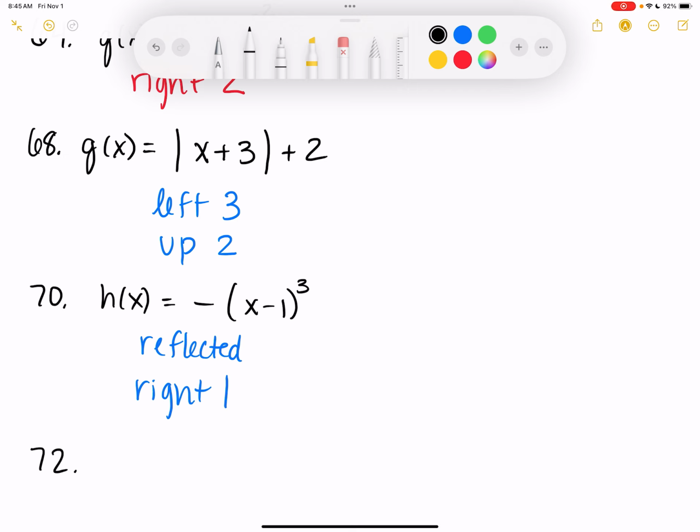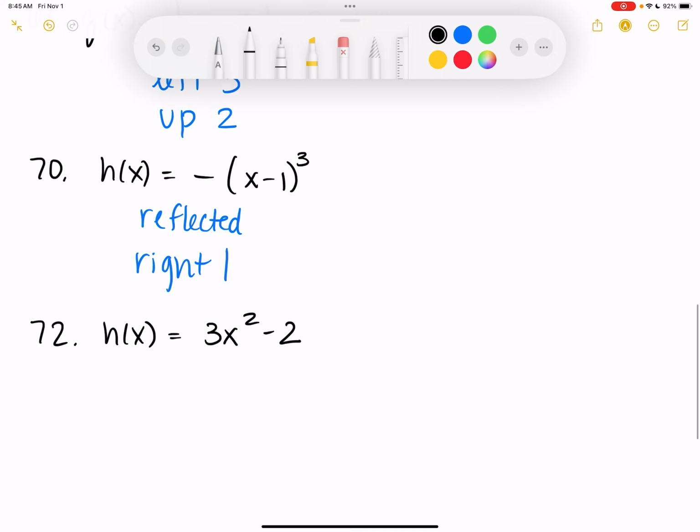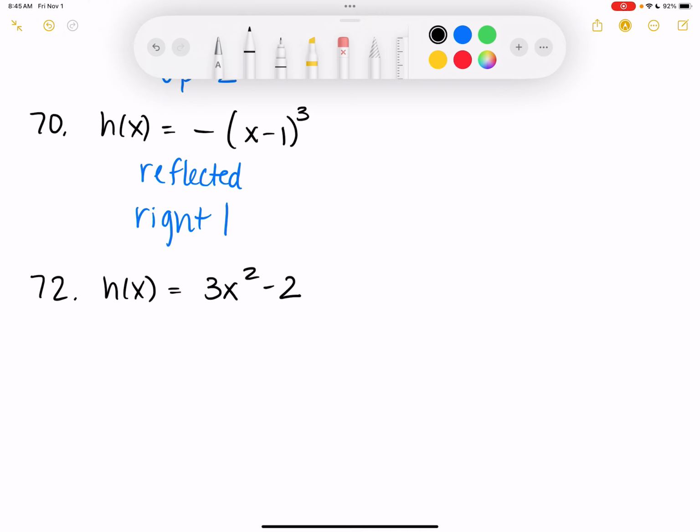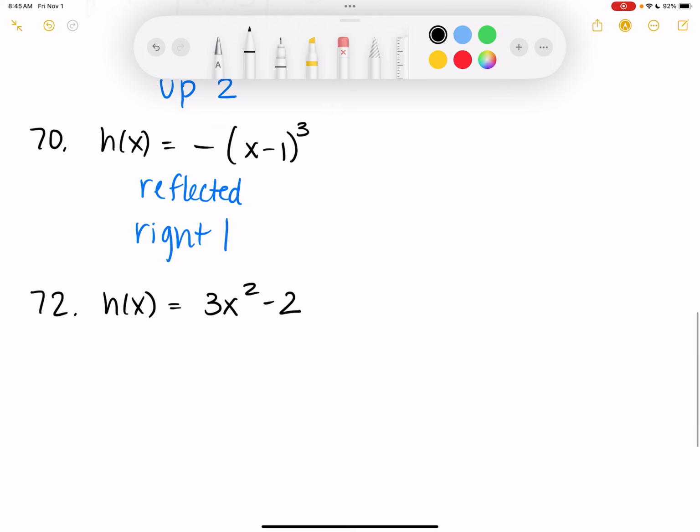72. H of x equals 3x squared minus 2. So now I have a number in front of x squared.